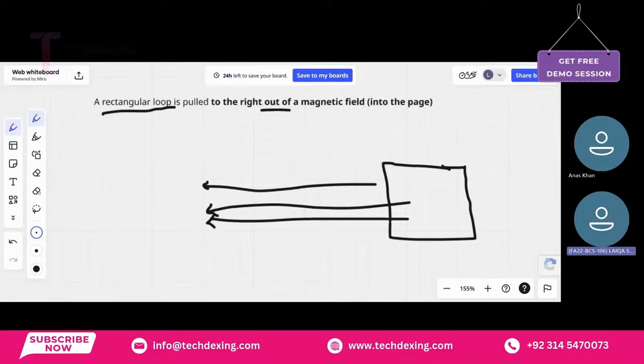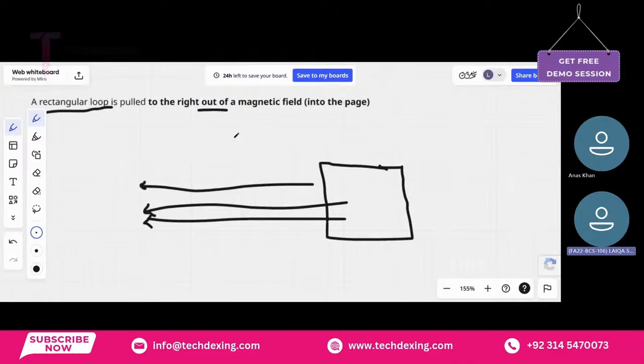So it means that the flux will decrease because I am moving it away from the magnetic field. If you move a loop or a coil towards the magnetic field, the flux will increase because more and more magnetic field lines will start passing through it. But if you pull it away from it, the flux will decrease. In this case, we are pulling it out of a magnetic field.